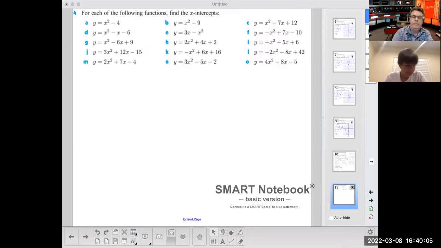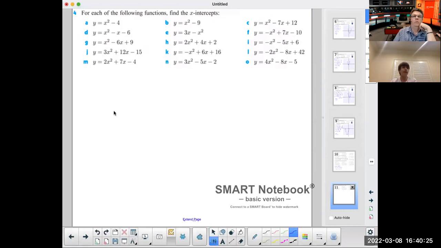What'd you get? How do you interpret the order when you're factoring it? Because I got -2 and 2. Okay, I'm not sure what you mean by the order. Or would it be 2 and -2?